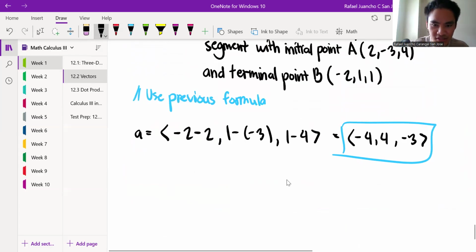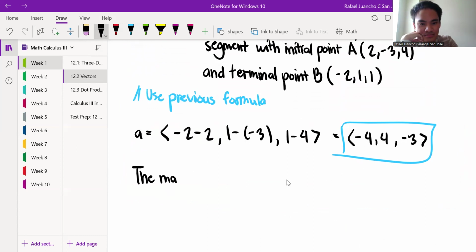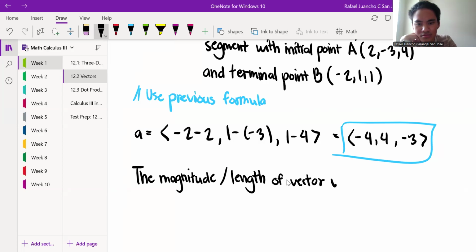Okay, then what does the textbook say? The magnitude or length of vector V is the length of any of its representations, and is denoted by the symbol.